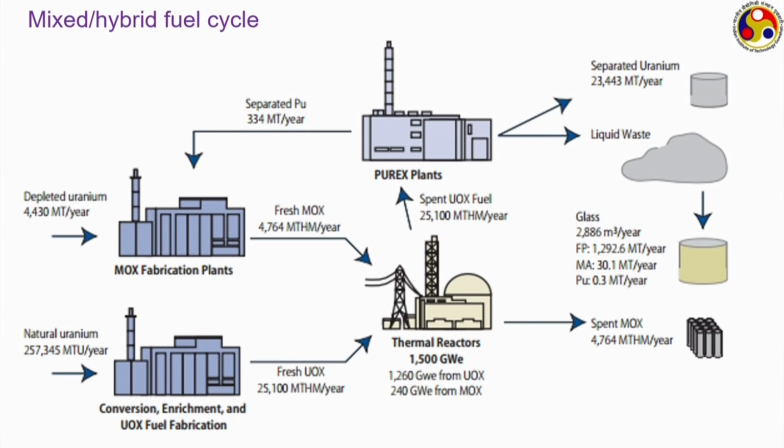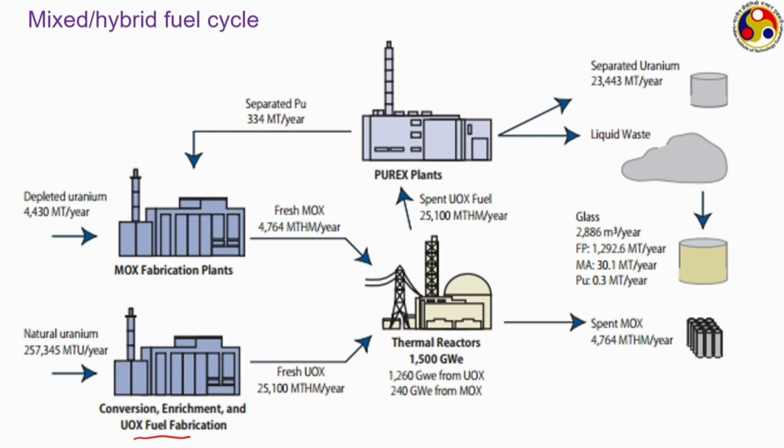And finally, the mixed or hybrid fuel cycle, where it is using both natural uranium or uranium oxide and also MOX. So, the natural uranium, after being converted in oxide formation, is supplied to the thermal reactor, and also depleted uranium coming from some other source is supplied to a MOX fabrication plant, and the MOX is also supplied to the thermal reactor.